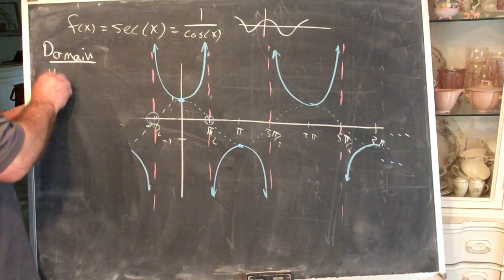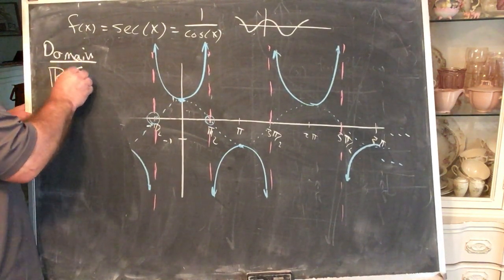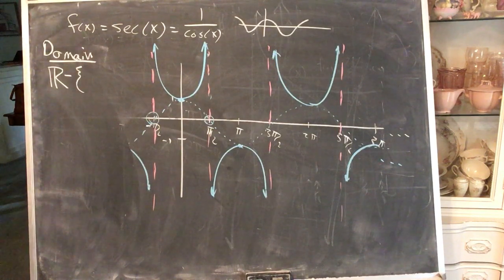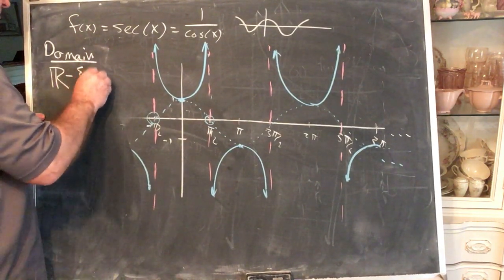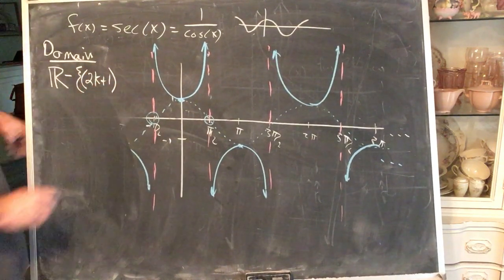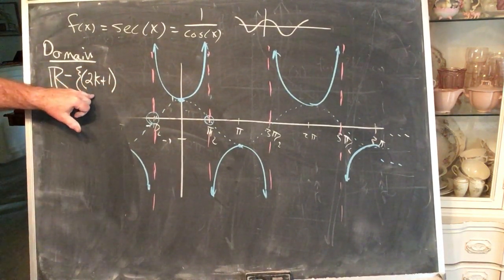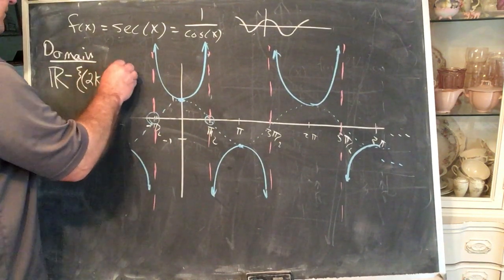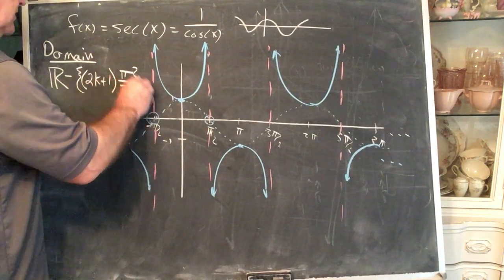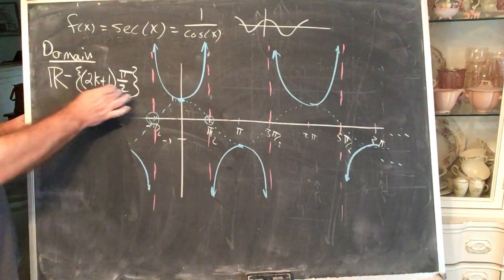So the domain is all the real numbers except you throw out odd multiples of pi over 2. Remember the symbol for odd multiples, 2k plus 1. Anyone who knows what you're doing knows this represents odd. This is an odd multiple of pi over 2. Odd multiples of pi over 2.